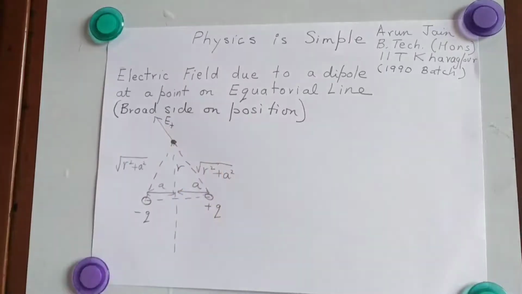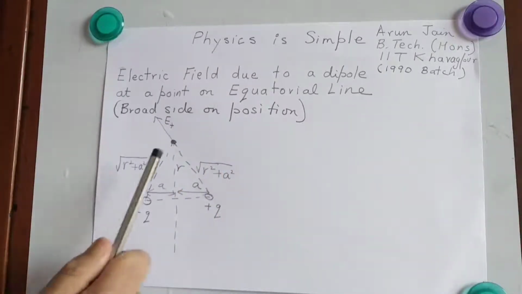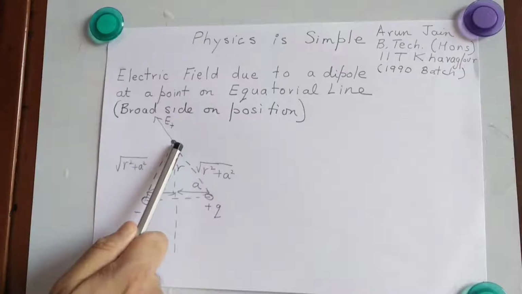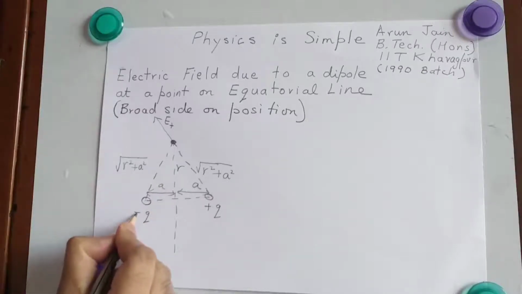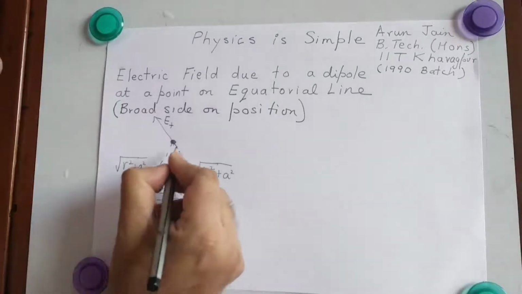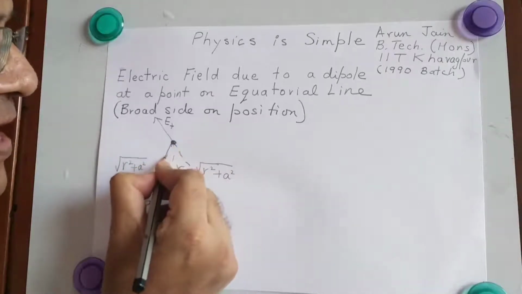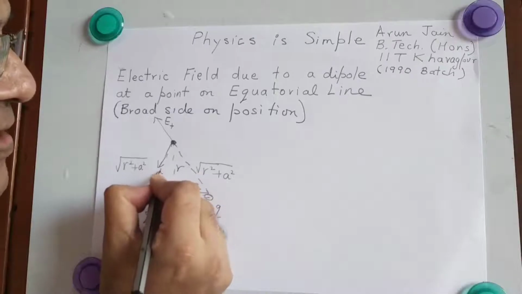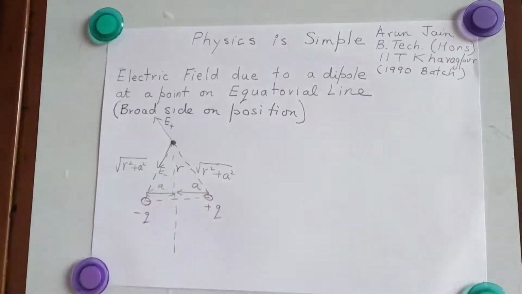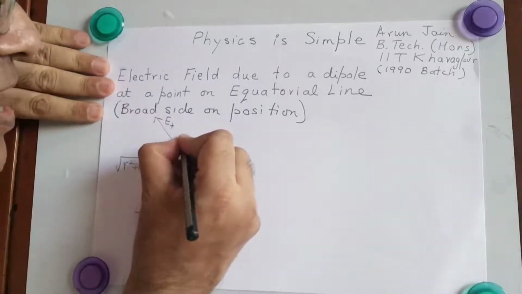Now let us look at the minus charge. If we imagine a positive test charge here, this will be attracted by this minus charge. So therefore, the electric field due to this minus charge here is towards that minus charge, and therefore it will be in this direction. Both the charges are of the same magnitude because it is a dipole, and the distance of both the charges from this point P is also same.